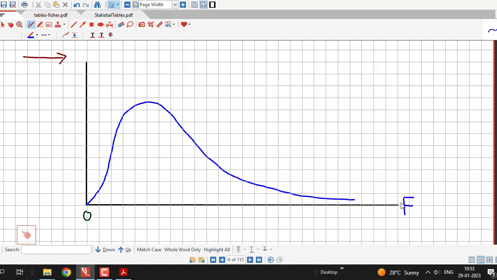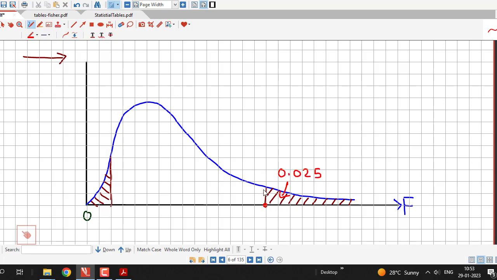Values of F are on the horizontal axis, and because we have a two-tailed test, we divide the level of significance into two equal areas. Suppose these two areas are equal and each is alpha by 2. Alpha by 2 is nothing but 0.05 divided by 2, that is 0.025.